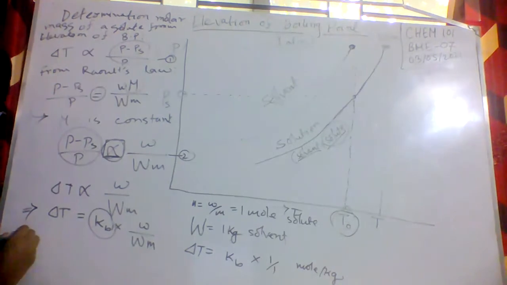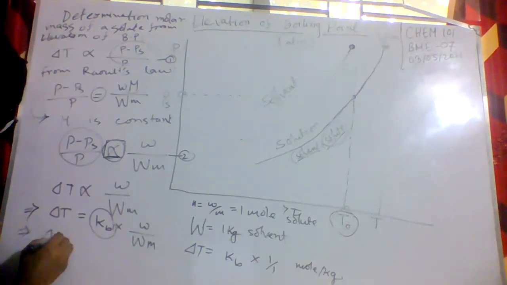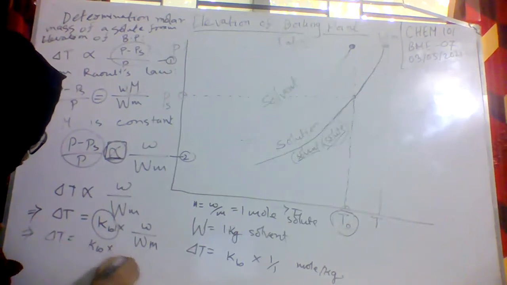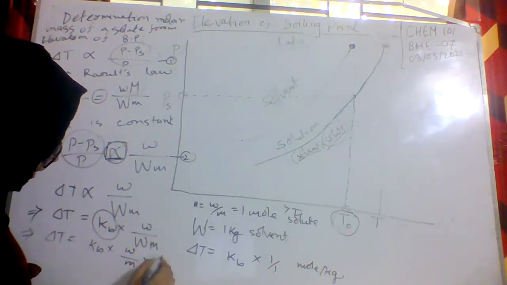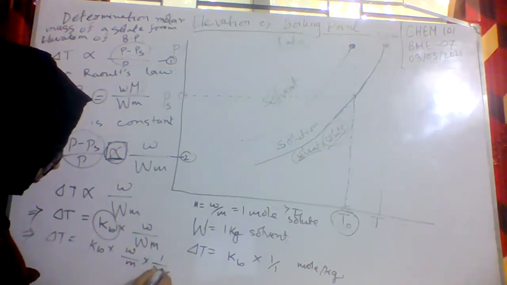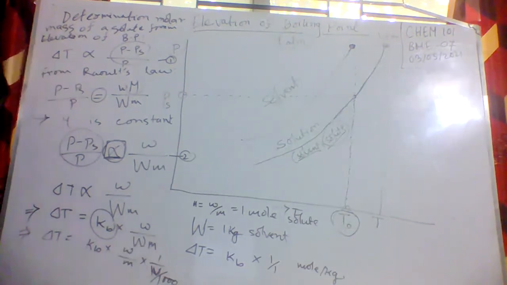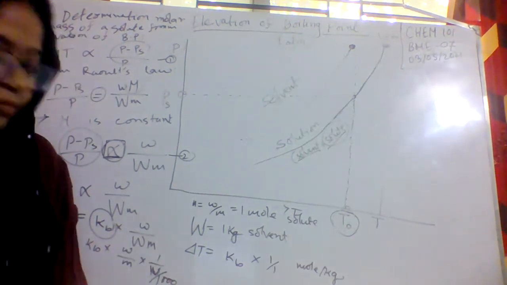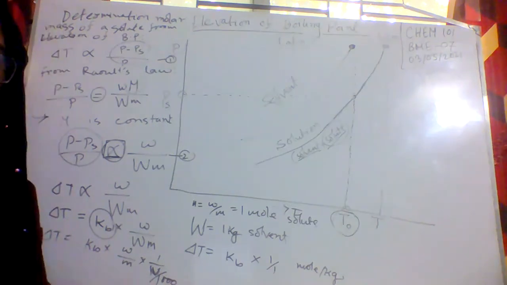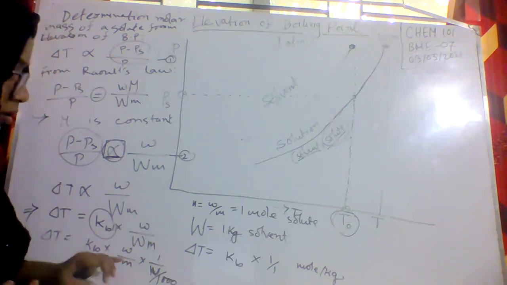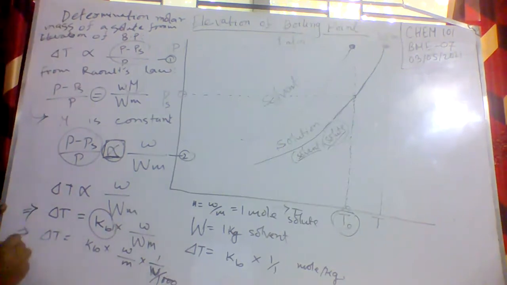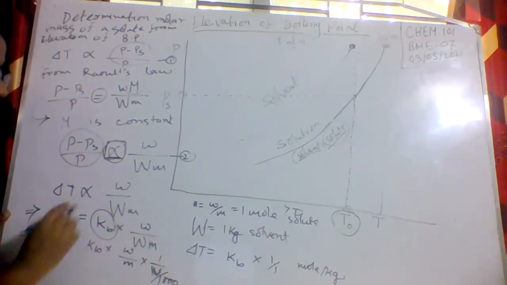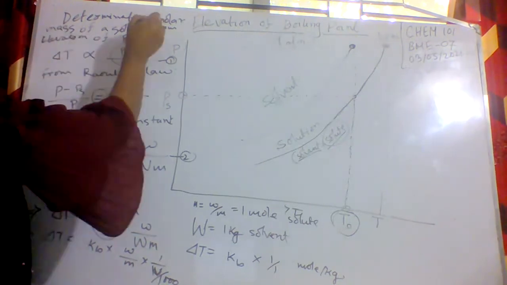So if I write delta T equal to Kb into W by M into 1 by, sorry, W by 1000, then it will be converted to gram. Weight divided by 1000, that means it is converted from kg to gram. So now what will be my final equation? I am calculating the molar mass.